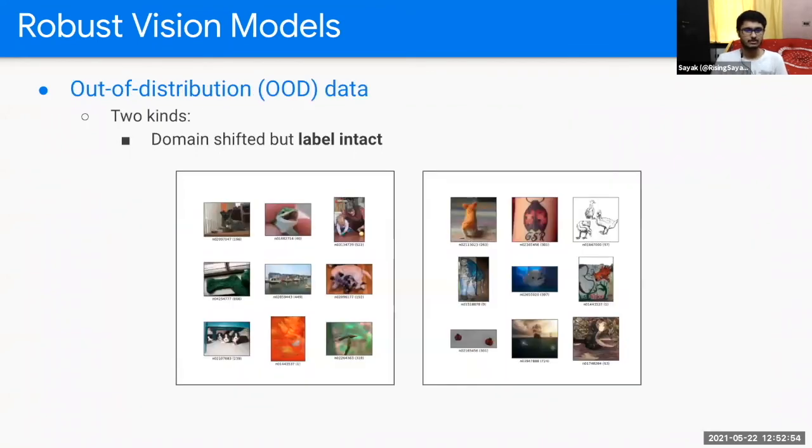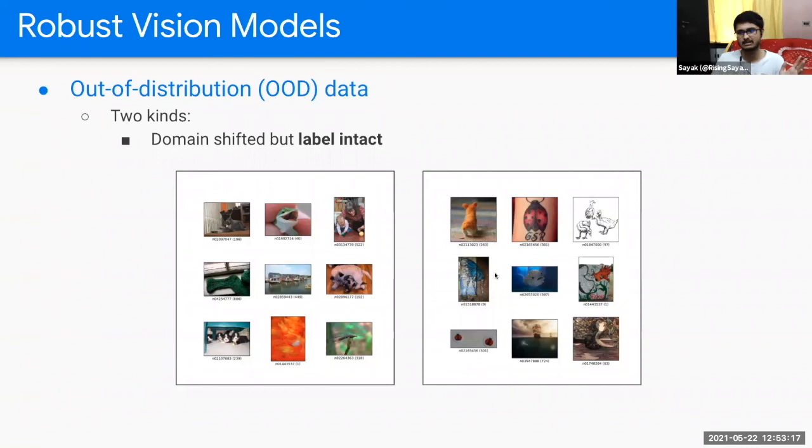Okay, so there is also this aspect of out of distribution data, and there are two kinds of out of distribution data. One is where the domain is shifted but the label is intact, right? So on the left hand side we have natural images, and on the right hand side we have renditions like cartoonized versions and so on. But the labels are entirely the same.